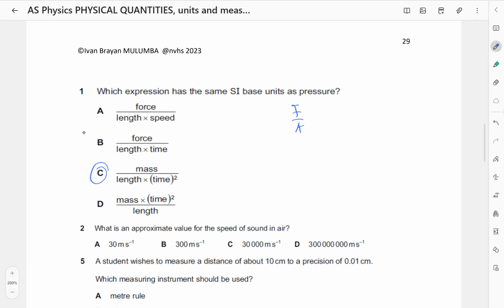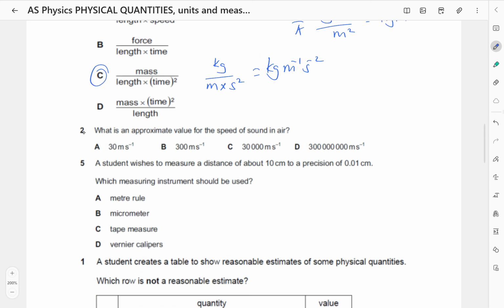Force over area, that is kilogram meters per second squared divided by meters squared, which becomes kilogram per meter per second squared. So let's check it. C has mass, which is kilogram, length is meters, then times second squared. When these ones go up, it becomes kilogram per meter per second squared. So the answer is C.